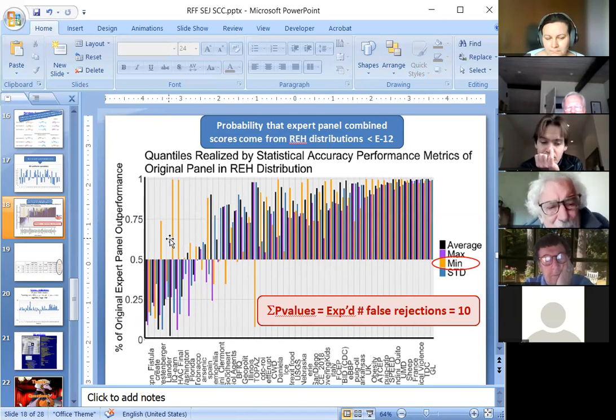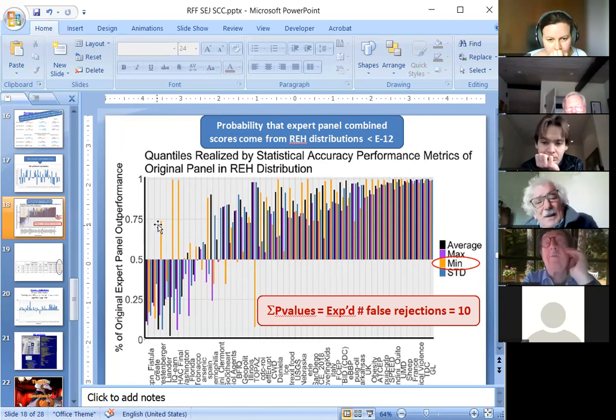So if we reject the random expert hypothesis for this individual study, we have a 25% chance of making a false rejection, right? That's what the p-value means, right?